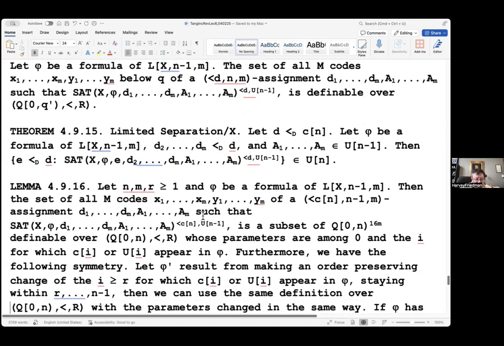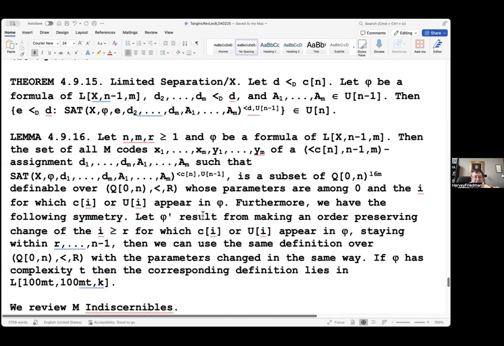Now, there's a similar thing you can do for indiscernibility. For indiscernibility, we need to know that this correspondence between statements made in the new structure X, going back to the corresponding statement in M, preserves manipulations on the subscripts.